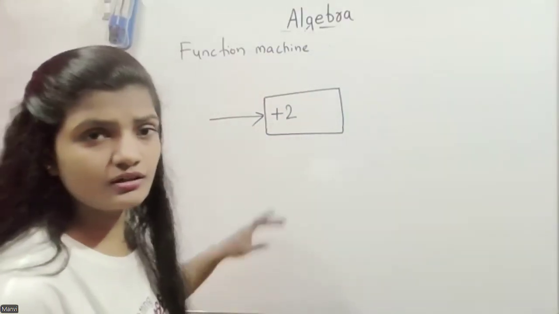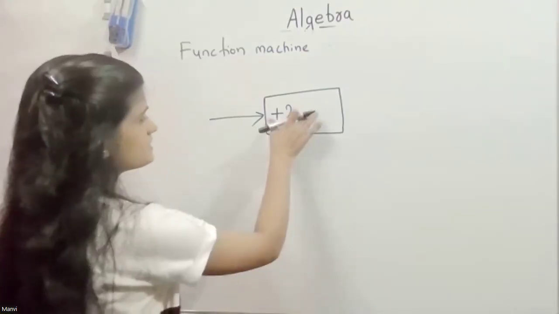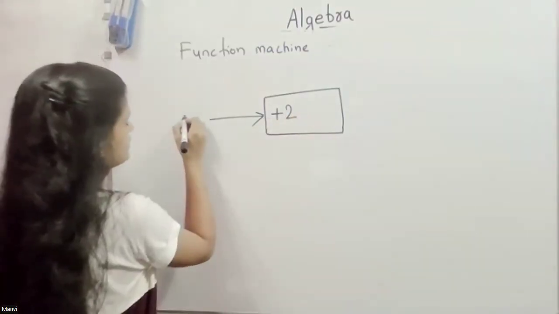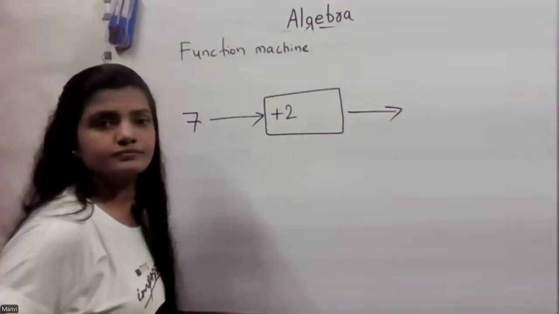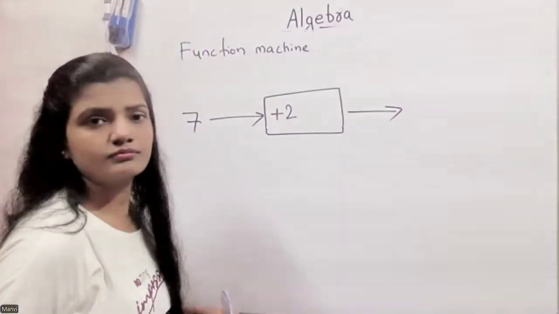If this machine just adds 2 and the input is 7, then what will be the output?